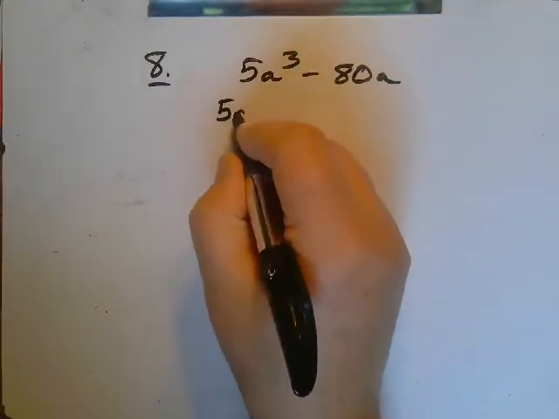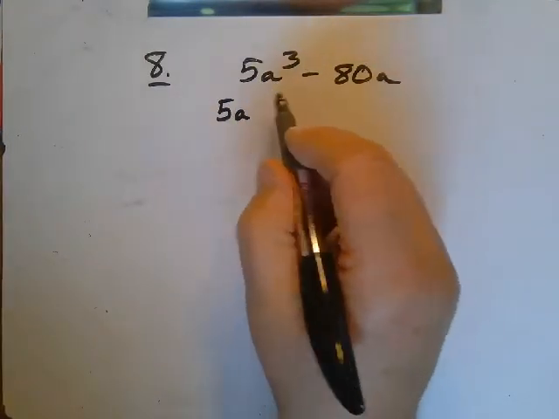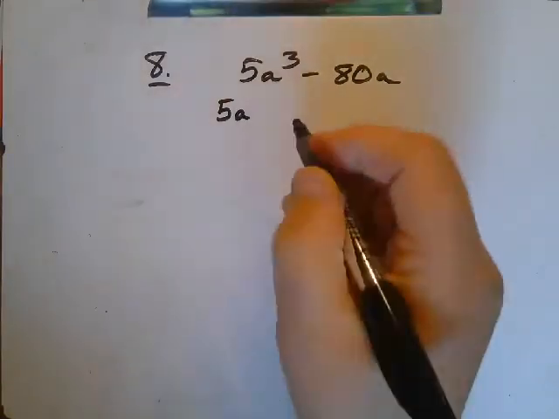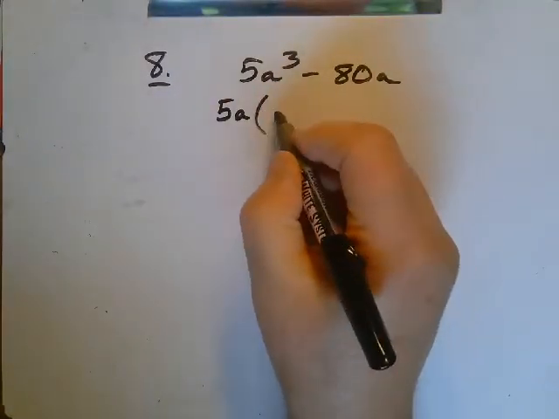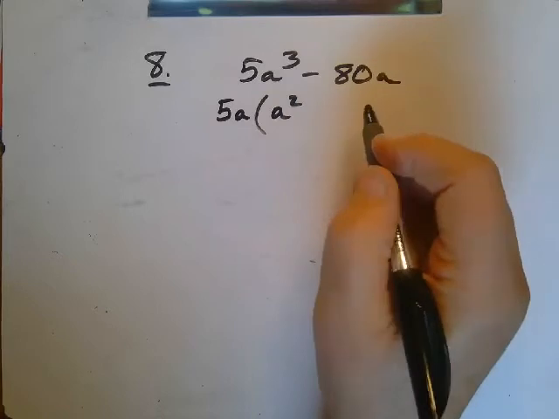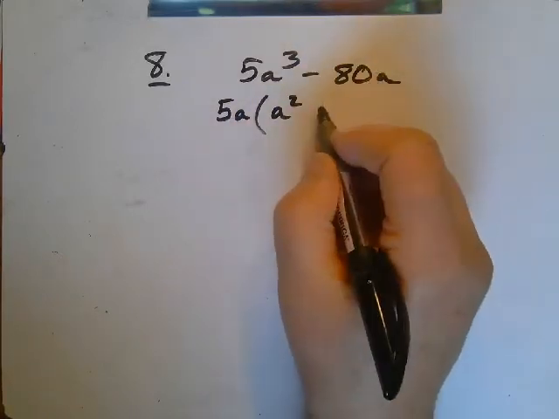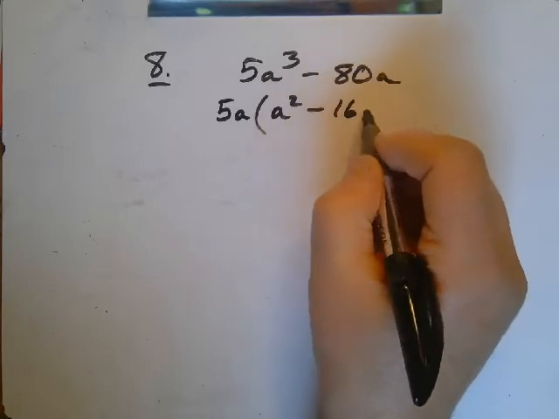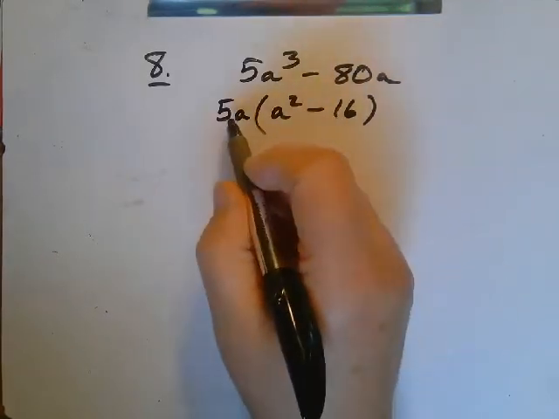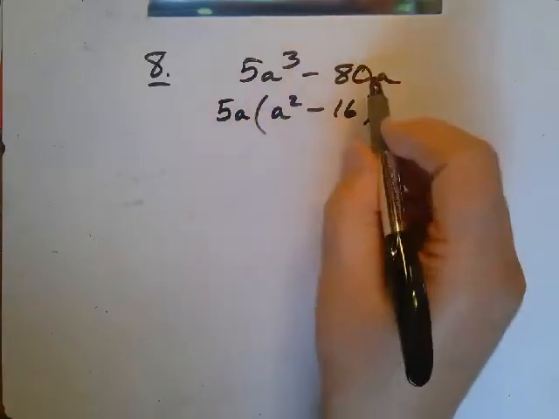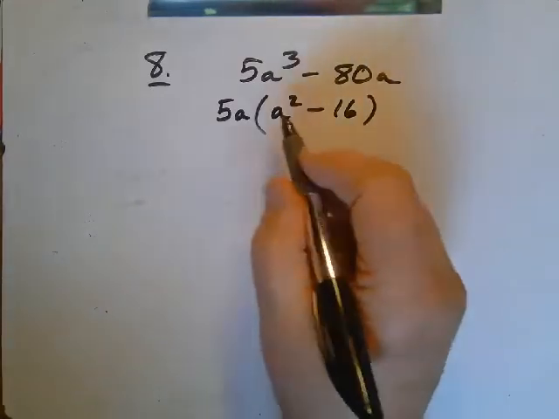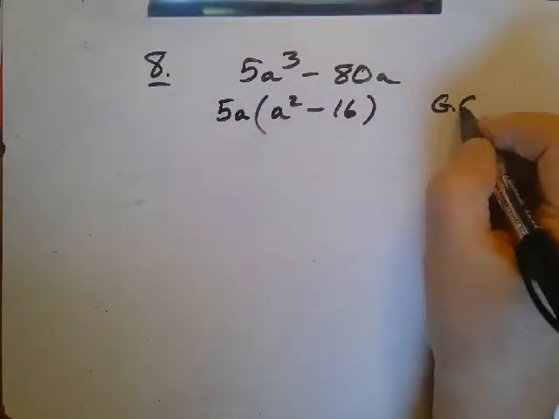So here's a problem where you're going to have multiple things to do possibly. If we take out 5a, we're going to leave behind a squared, and take 5a out of negative 80a, and we get a negative 16. So 16 times 5 is 80, negative 16 times 5 is a negative 80. So there we've taken out the GCF.